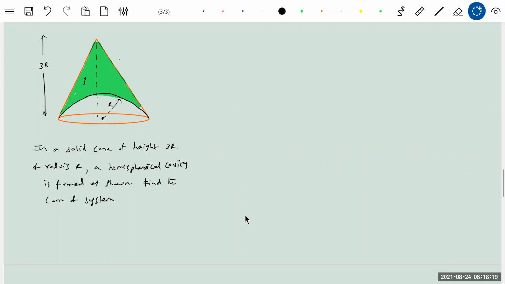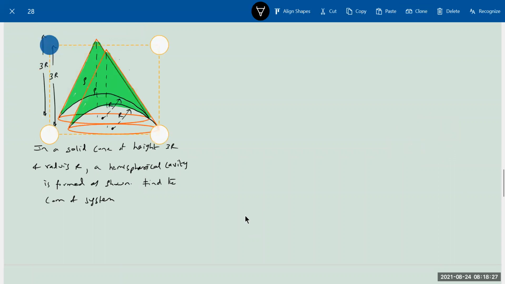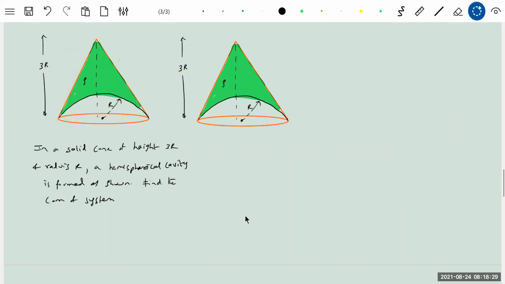So what is the assumption that has to be made here? This particular structure, what we assume is it is equal to a solid cone, same diagram.